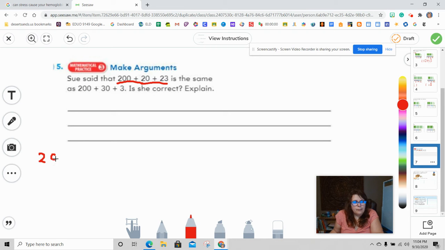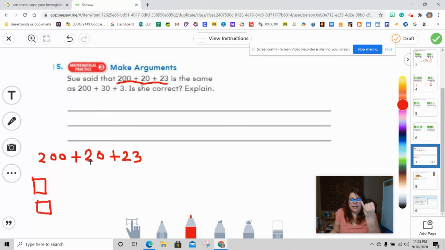200 plus 20 plus 20 plus 23. Now, basically what I have here is 2 boxes of hundreds. Then I have 10, 20.